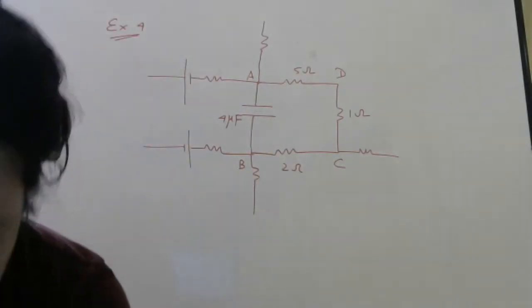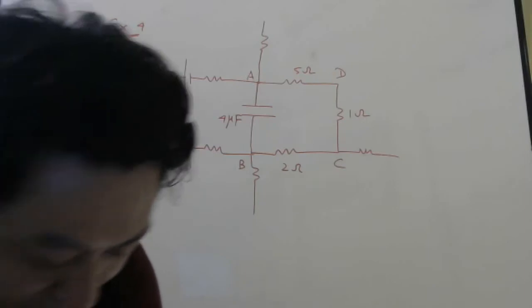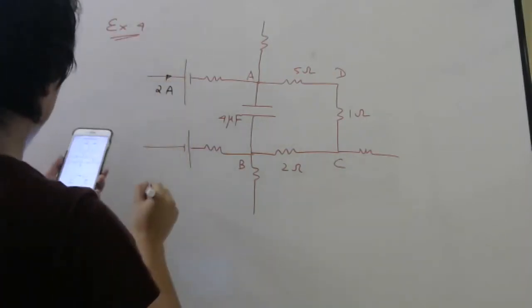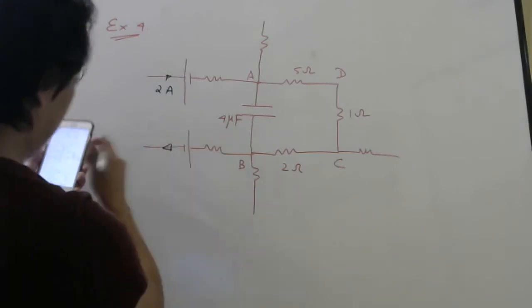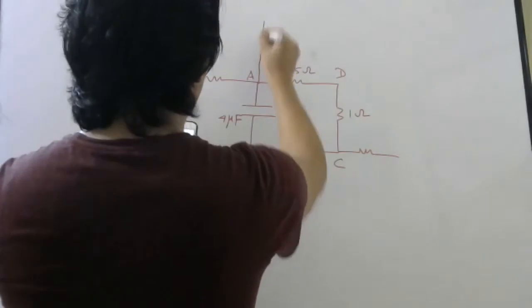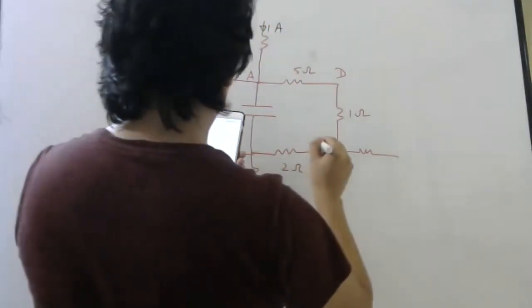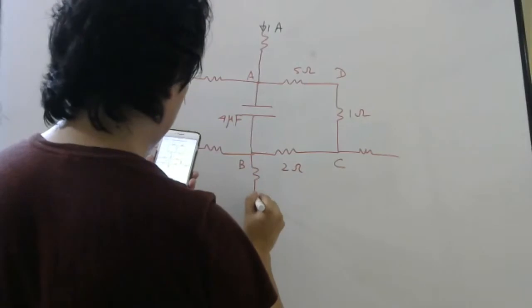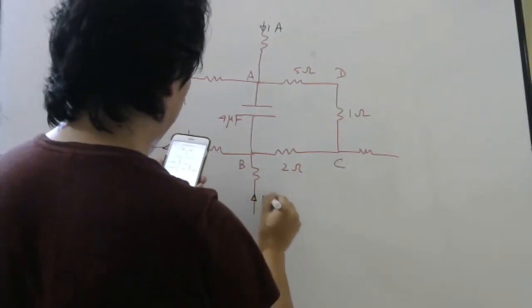And they have also given you the current in the different branches. Here 2 ampere. Here be careful, opposite. 2 ampere. Here 1 ampere. And in this one, that one we will not write. And here 1 ampere.